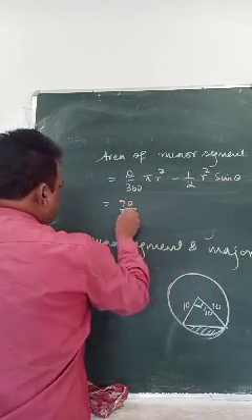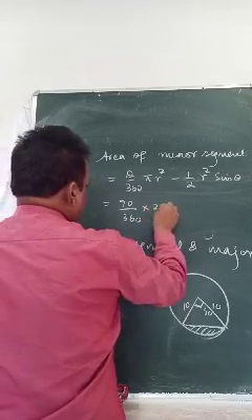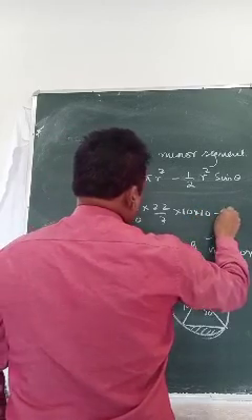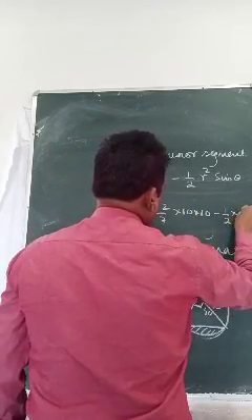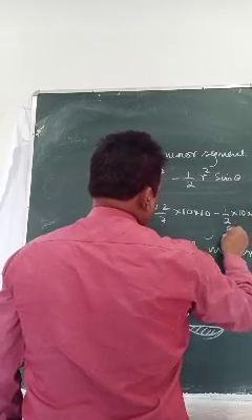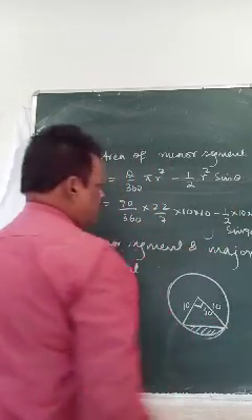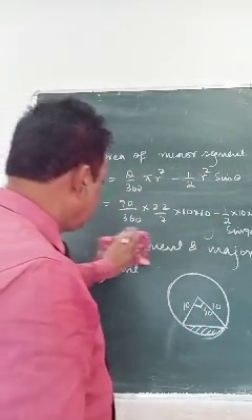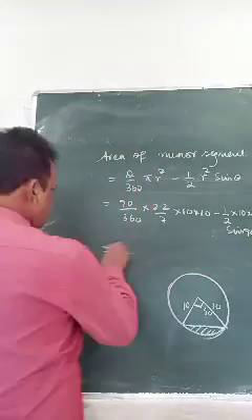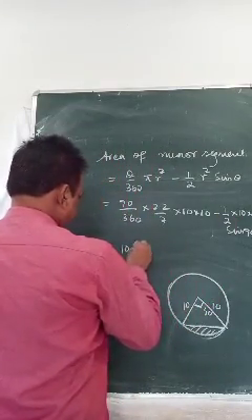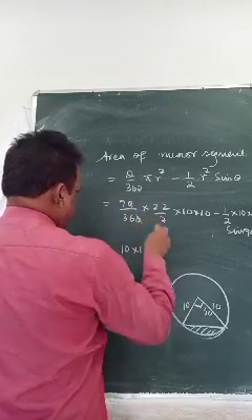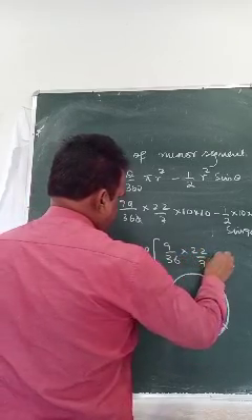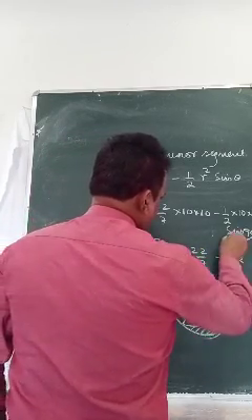means 90 by 360, 22 by 7, 10 into 10 minus half, 10 into 10 sin 90. Theta is 90 degrees, sin 90 is how much? 1. So easy method you look at. Easy method is 10 you take common. This is cancelled. 9 by 36, 22 by 7 minus half sin 90.